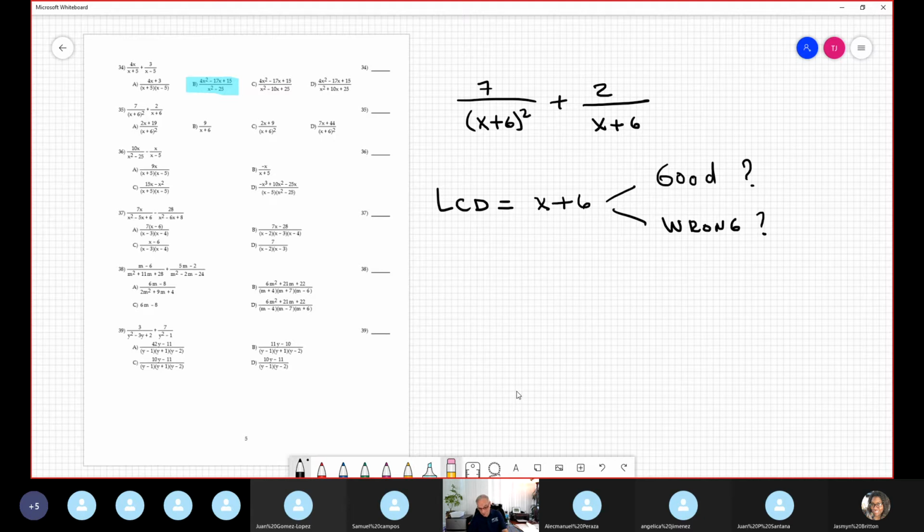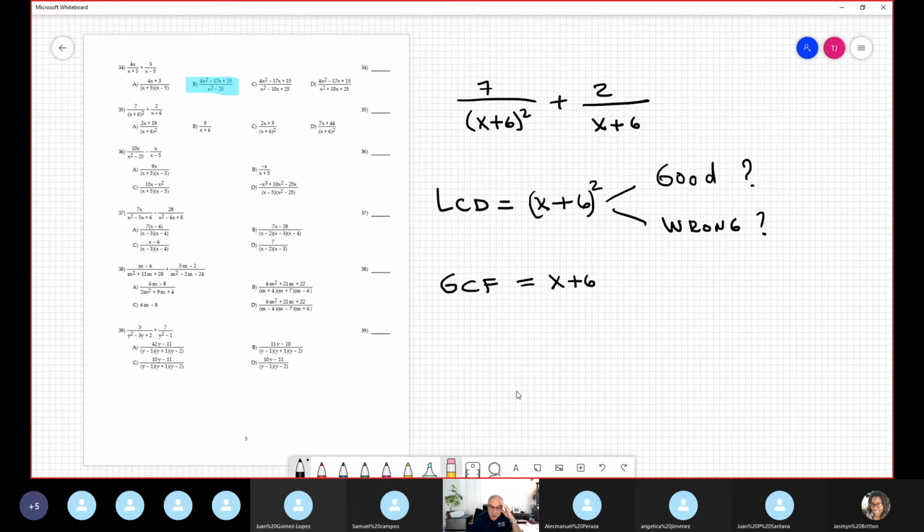It's a classical problem. The students confuse LCD and greatest common factor. It's obvious that the greatest common factor is x plus 6, because it's a repetition. However, for the LCD you take the majority. And the majority is this.